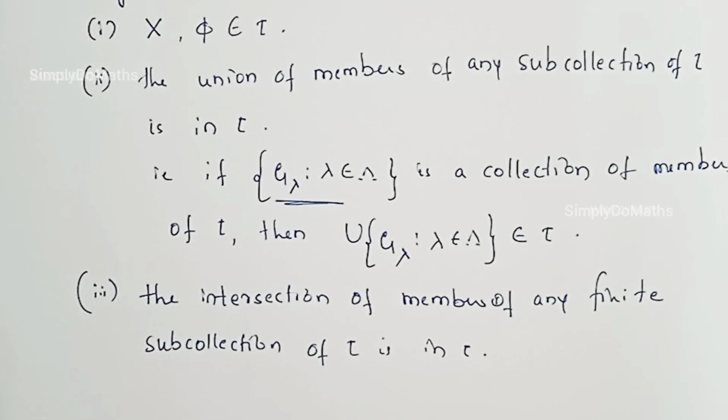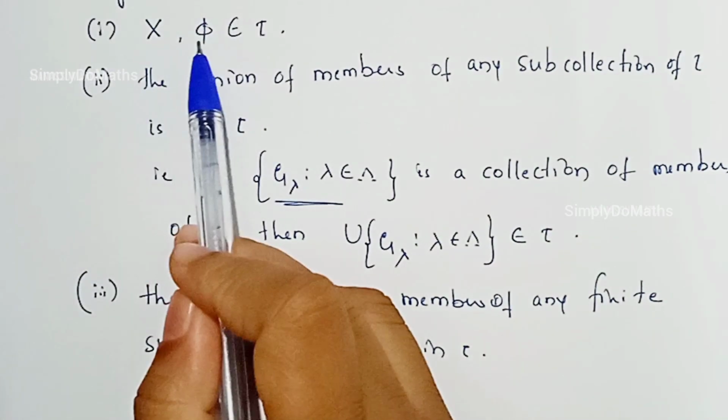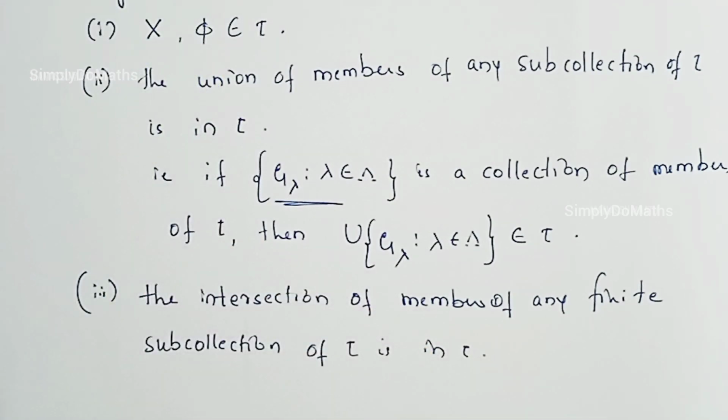As we know, if tau is a topology on X, then by our definition X and empty are tau open sets. The union of any number of open sets is again an open set, and the intersection of a finite number of open sets is again an open set. This is one of our major basic properties of a topology.